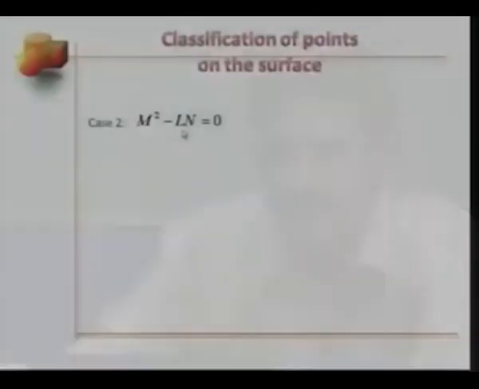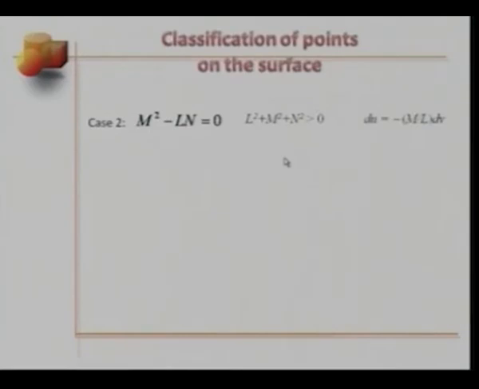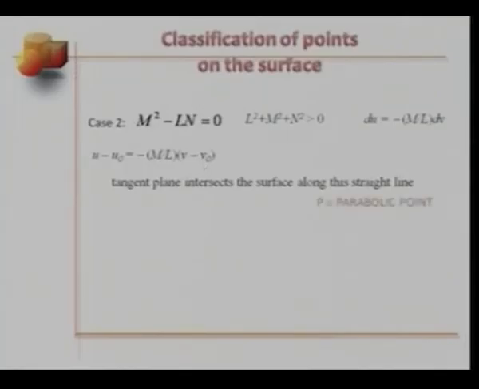The second case, where the discriminant m squared minus ln equals 0, where L squared plus m squared plus n squared is greater than 0, we have a condition which corresponds to the equation of a line. u minus u0 equals minus of m over L times v minus v0. That implies physically that the tangent plane intersects the surface along a straight line. We call such a point P a parabolic point.